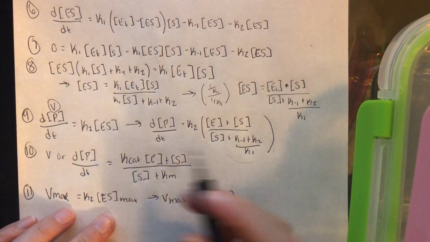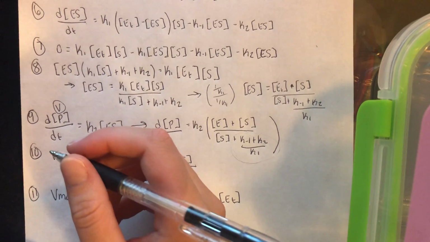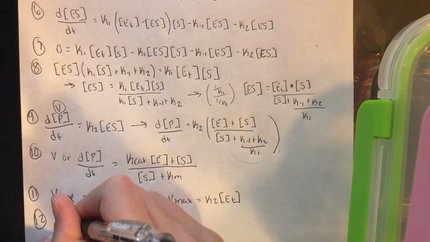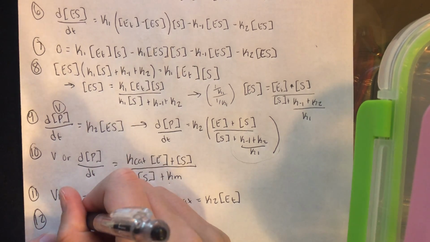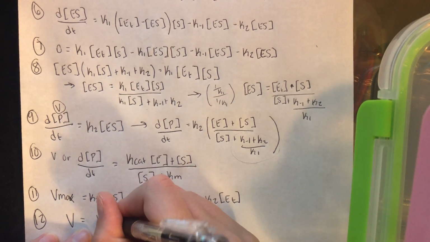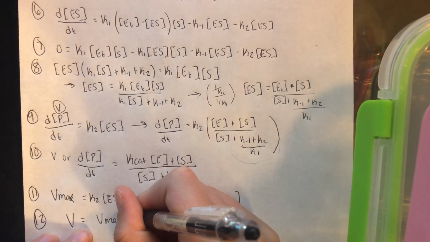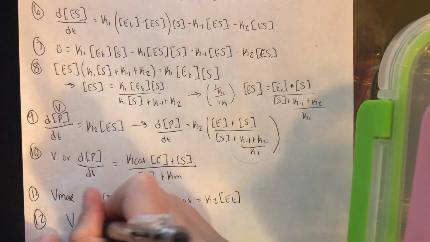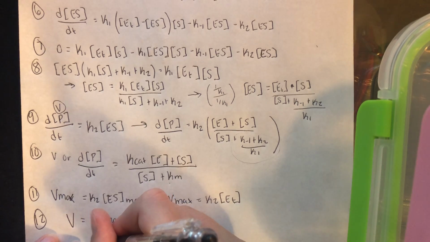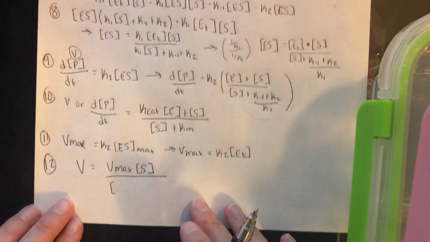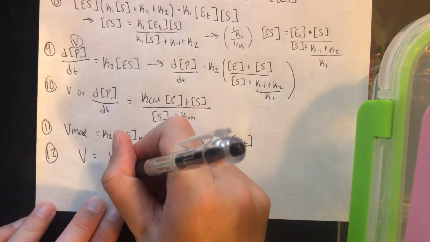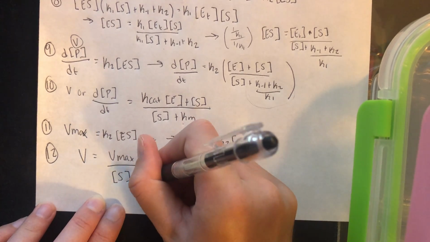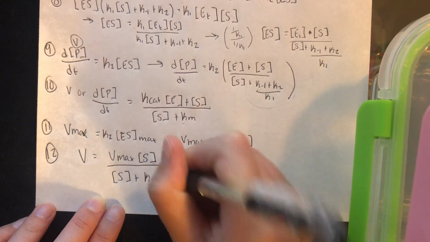And so we can substitute that in, and we get our Michaelis-Menten equation, which is velocity equals Vmax times concentration of substrate over concentration of substrate plus the Michaelis constant.